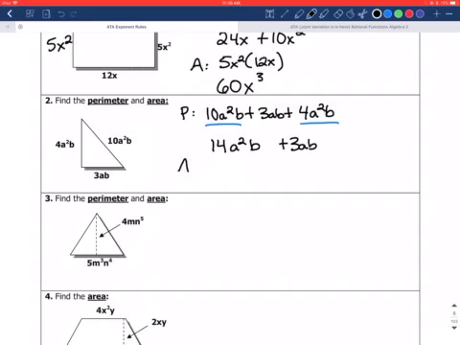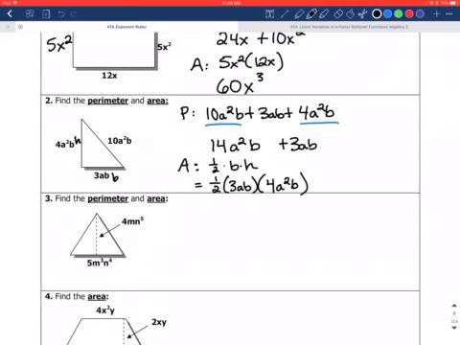So there's our perimeter. For the area, anytime you do the area of a triangle, it is 1/2 times the base times the height. So here's your height, here's your base. This 10a squared b is the hypotenuse, which we will not be using here. So we will have 1/2 3ab times 4a squared b.